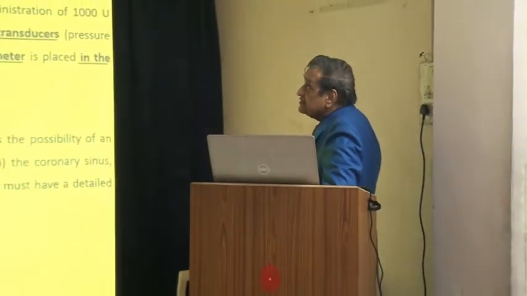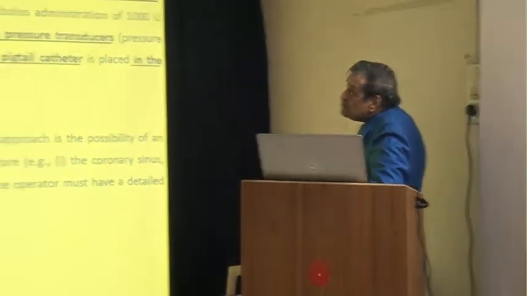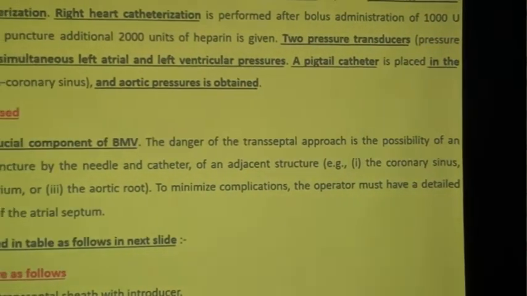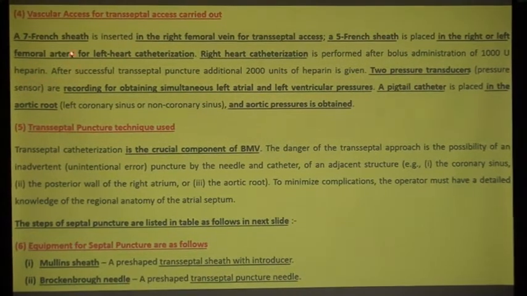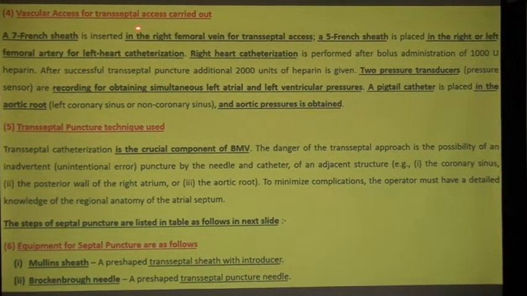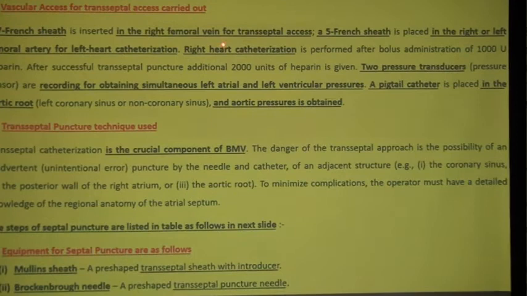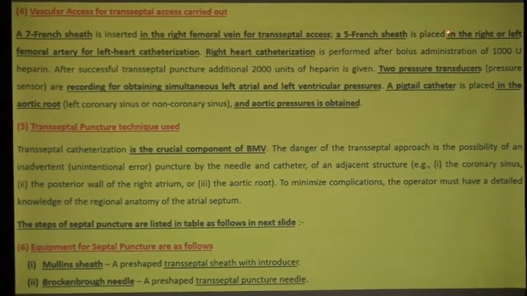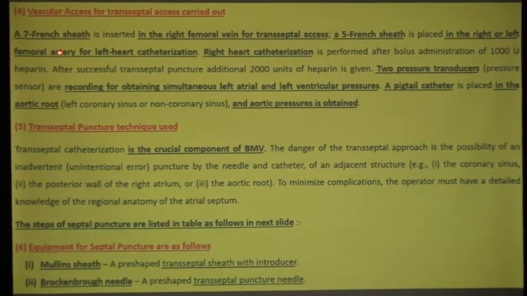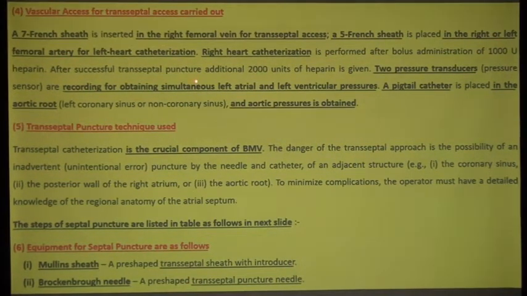Now, the vascular access for transseptal access. A 7 French sheath is inserted in the right femoral vein for transseptal access. A 5 French sheath is placed in the right or left femoral artery for left heart catheterization.